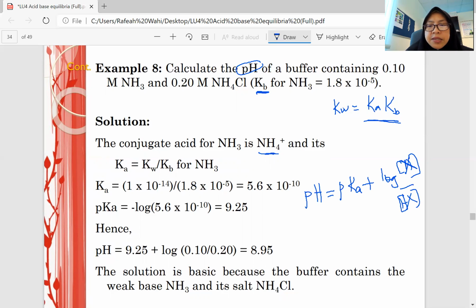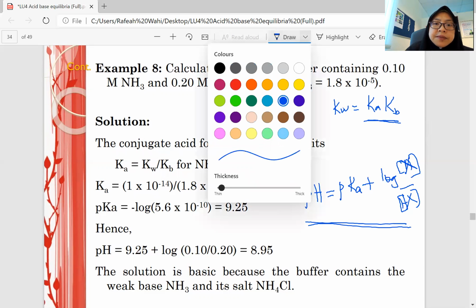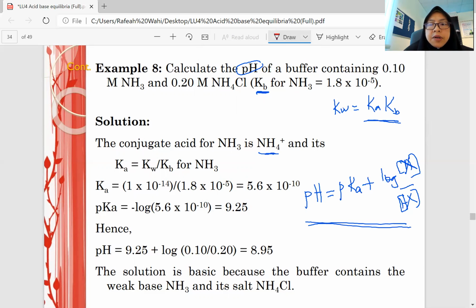Always, when you get questions for a buffer, you want to find pH. You don't know pH, but from Kb, you can calculate Ka, from Kw equals Ka times Kb.